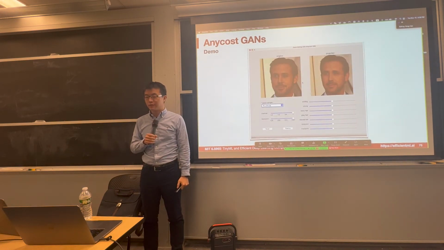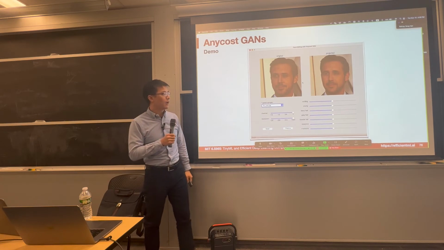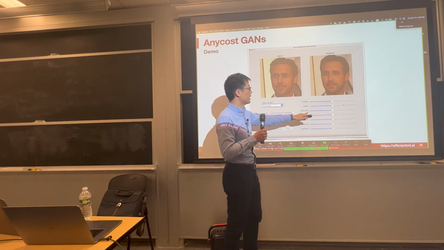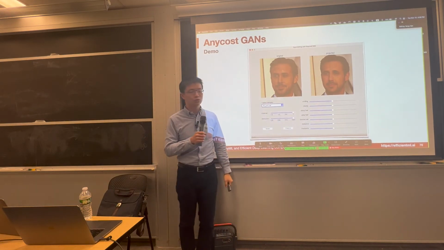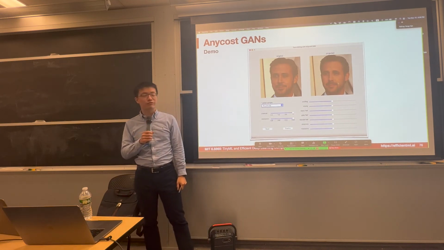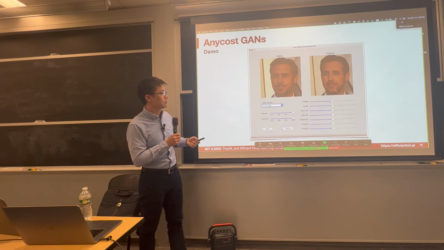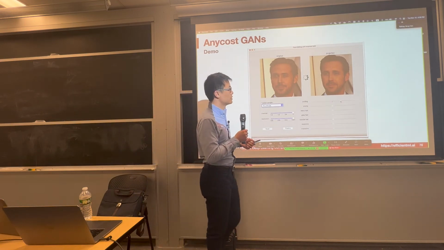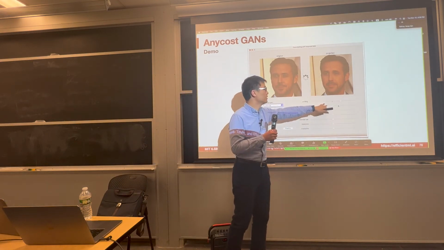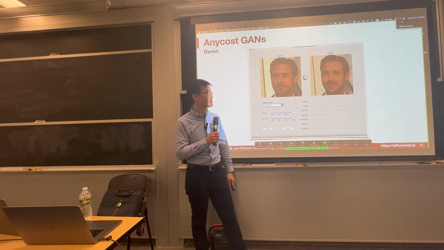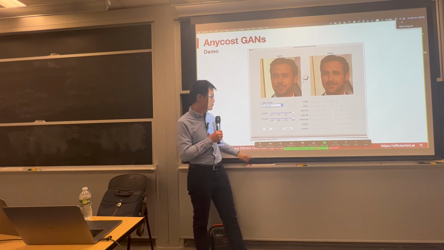And this is the final demo we previously showed. We can do photo editing by tweaking different dimensions. For example, here we can make him smile by moving this bar to the right. Originally, it's pretty slow.